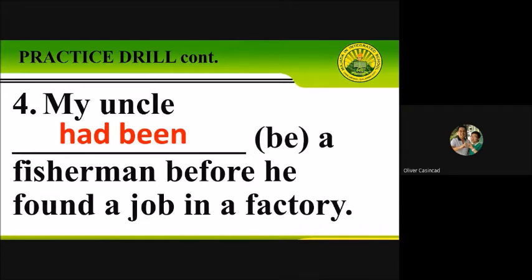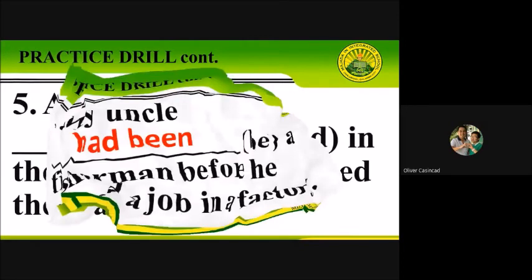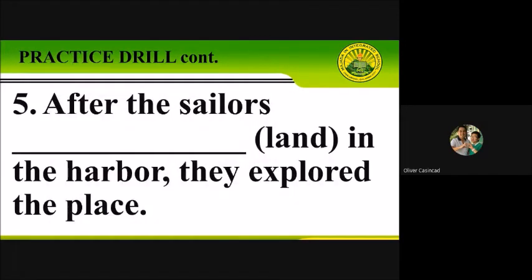But the past participle of is, are, am, was, were is been. It is their past participle form. Take note of that. Next. So the correct answer is had landed.